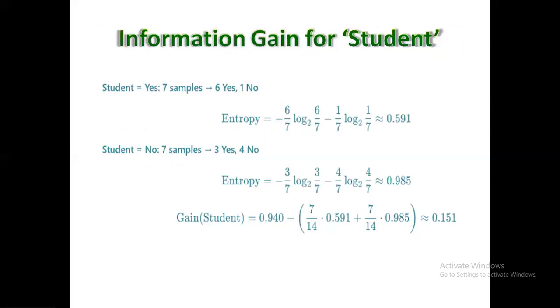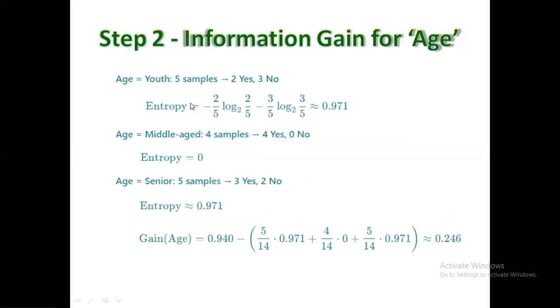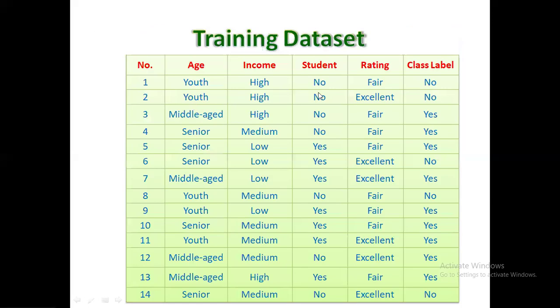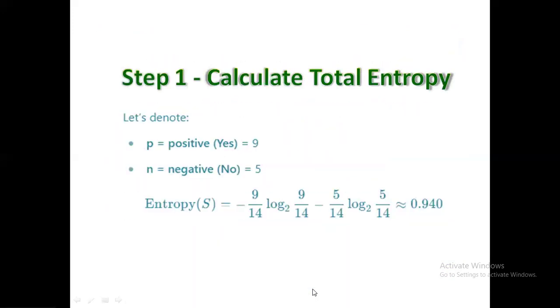Next attribute is the student. Information gain for another attribute. Here, the student category, if you are considering this table, has two classes alone, no and yes. So how many yeses are there? 1 2 3 4 5 6 7 yeses are there.